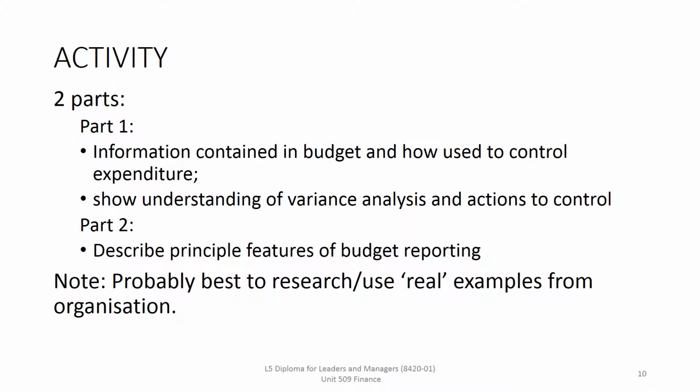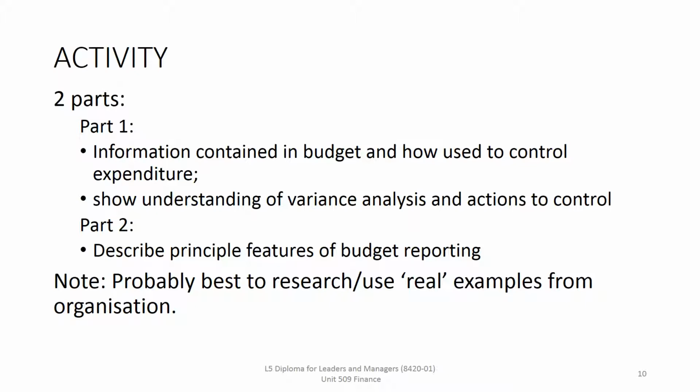Right then, so it's a two-part activity, and it's really just about going over what we've covered generally in this session and looking at how it fits within your organisation. I would say that it's really good if you use an example within your organisation to explain, because what you need to do with part 1 is explain the information contained in a budget and how to use it to control expenditure.